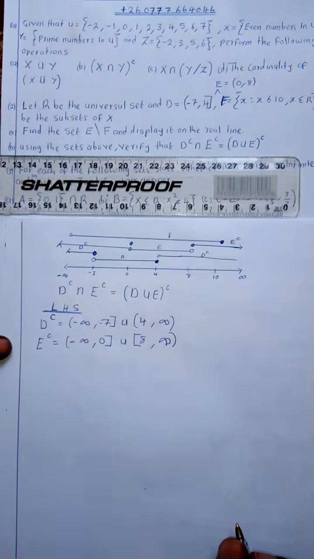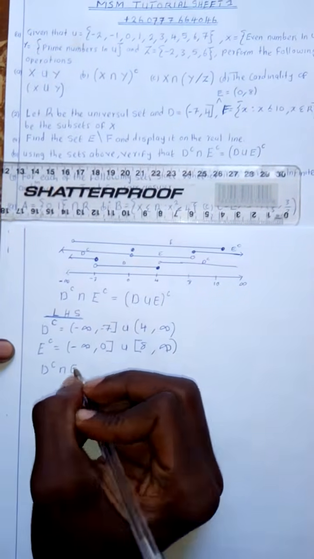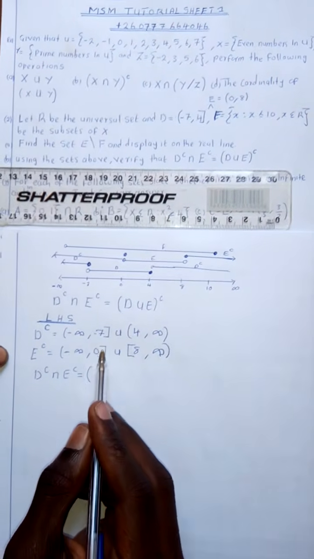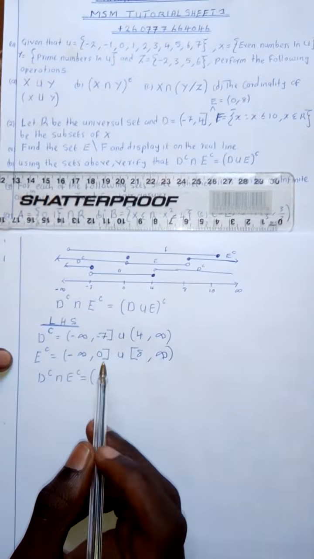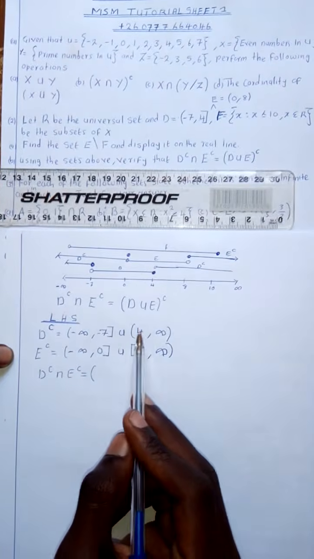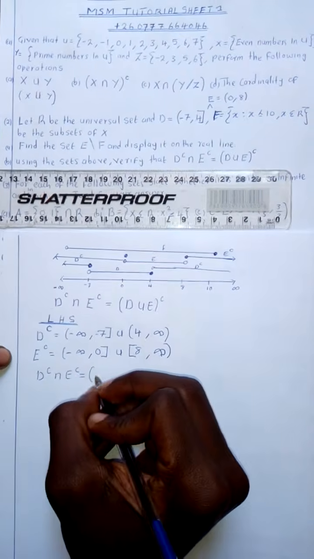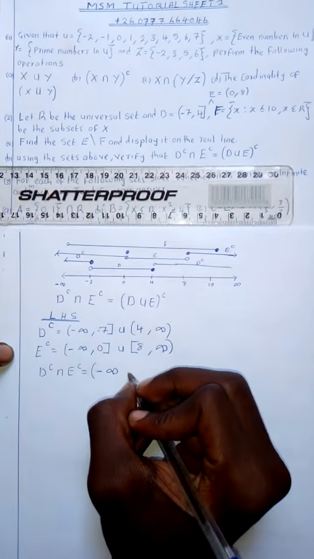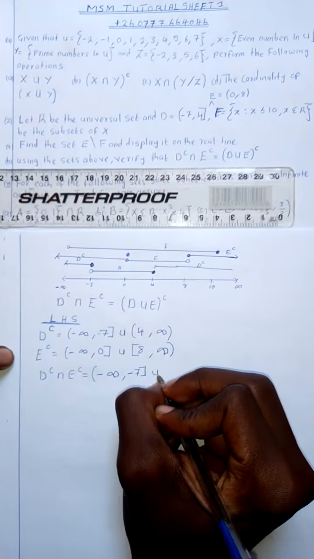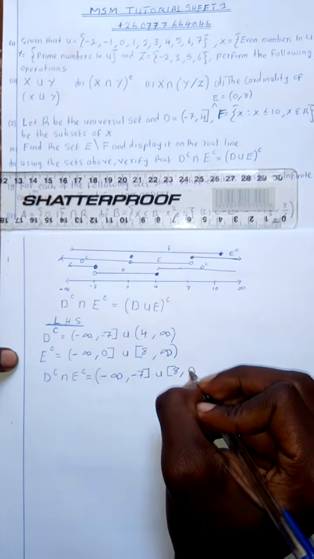Okay, so now the intersection of D complement intersection this guy, this is simply, since from here to here we know that 0 is between, we know that this negative infinity to this union this, if we intersect it with this guy, then automatically we are going to find that it's going to be negative infinity reaching to where -7 is. Then we say union, then it's going to be 8 like this.